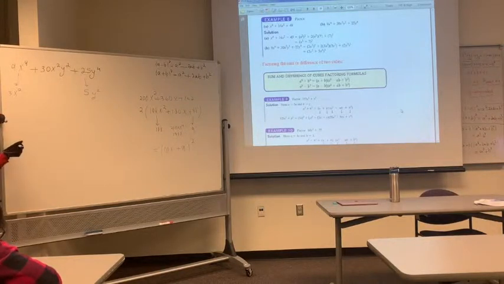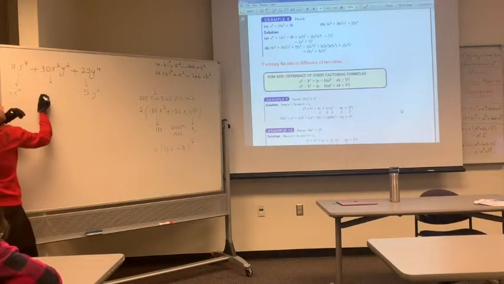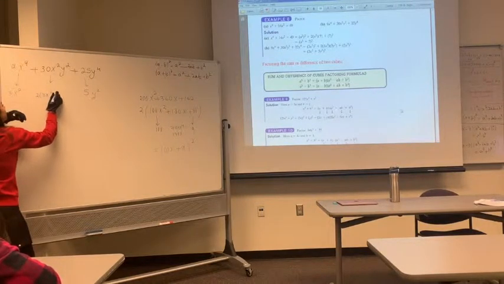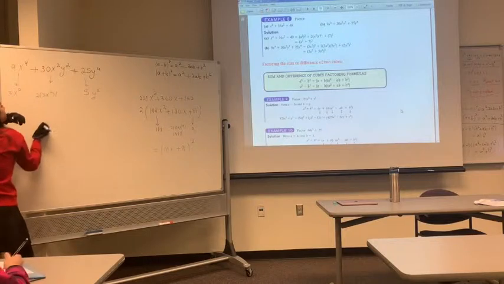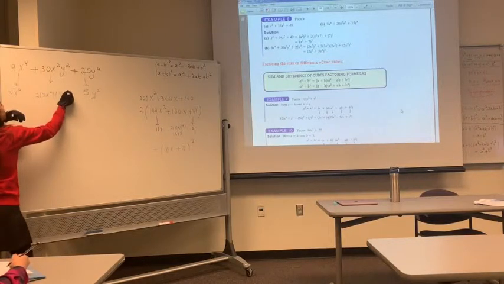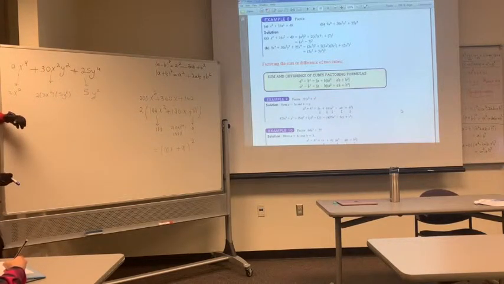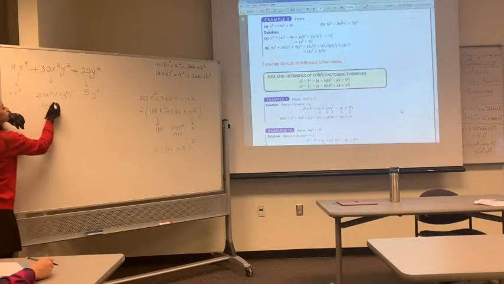And then the middle term should be 2 times 3x squared multiplied by 5y squared. So 2 multiplied by 3 multiplied by 5 is 30, 30x squared.